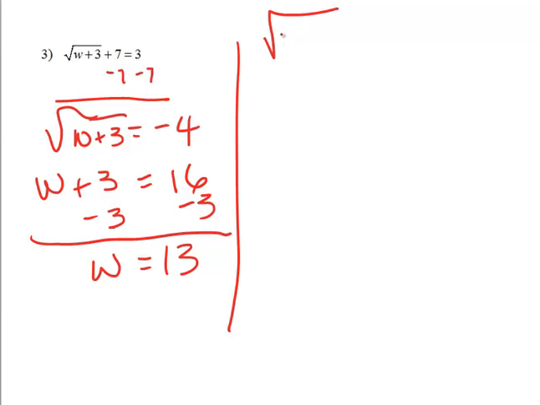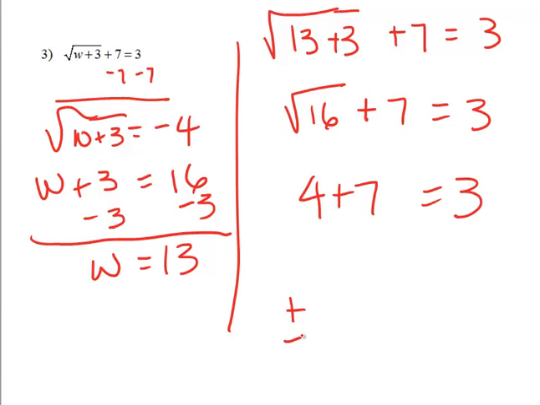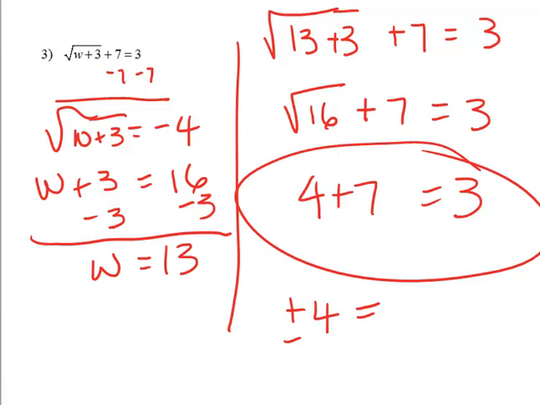The square root of 13 plus 3, plus 7 equals 3. The square root of 16 plus 7 equals 3. Four plus 7 equals 3. If it were plus or minus 4, that would be true, but in this case with the principal root, it's not.